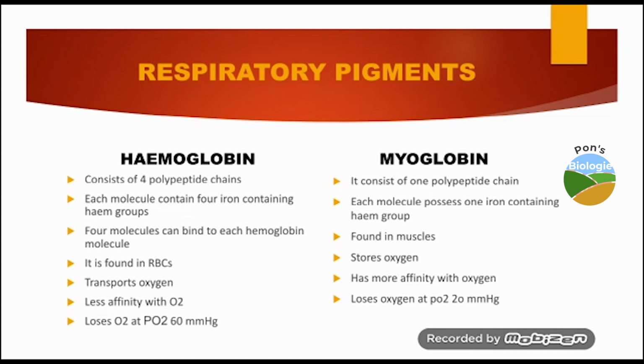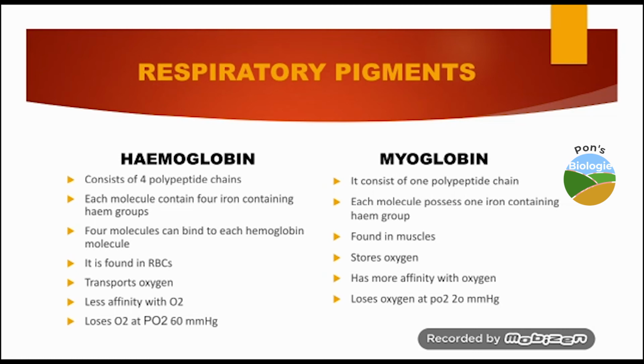The function of hemoglobin is to transport oxygen gas, whereas the function of myoglobin is to store oxygen gas. Hemoglobin is found in red blood cells, but myoglobin is found in the muscles.